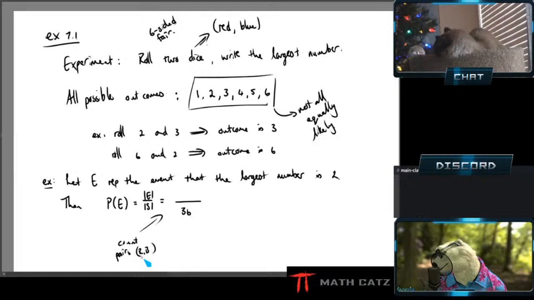Because I have 6 possibilities for the first one, 6 possibilities for the second one. I multiply these, or you can think of a tree, 6 possibilities for the first roll, and then for each one, it branches off into another 6 for the second roll. So I have 6 times 6, 36.